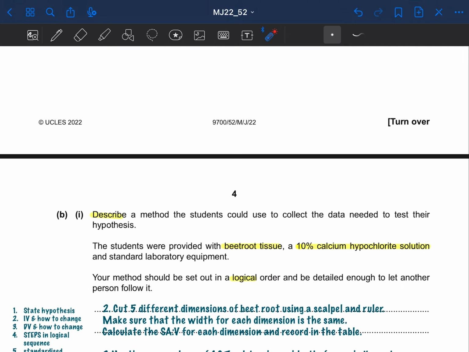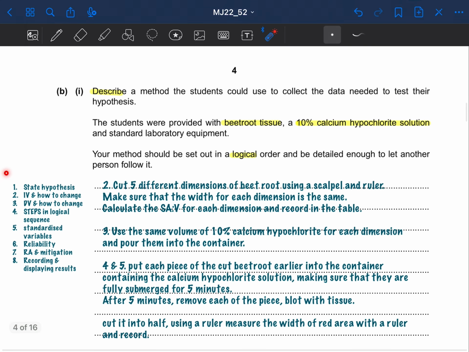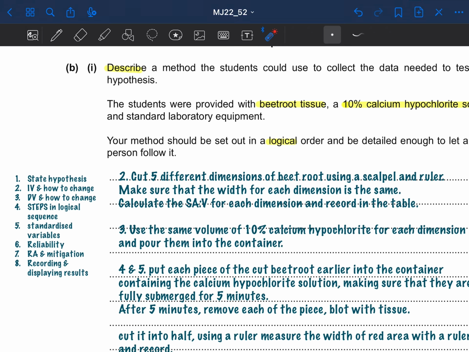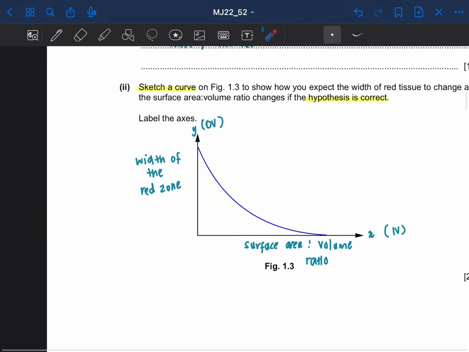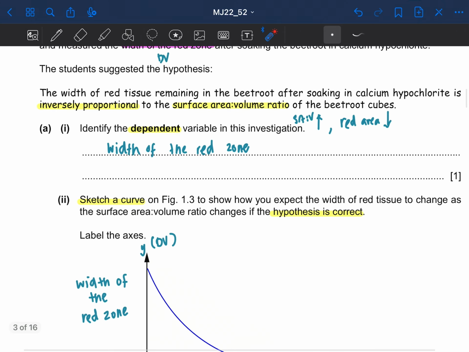So what I have done here at the side is lay out the steps that I advise. I remind the students to always follow them to ensure that they have included all the points that they might need whenever they're asked to answer such a planning and design question. Here I said there is state the hypothesis, but in this case we don't have to state the hypothesis anymore because it has already been included in the question.